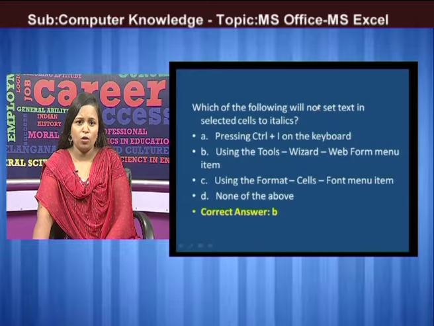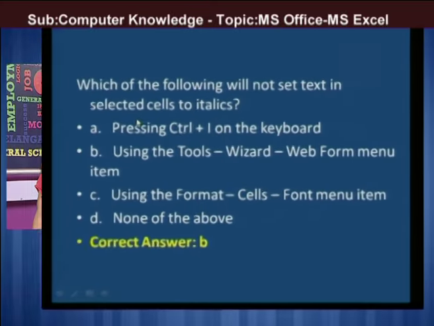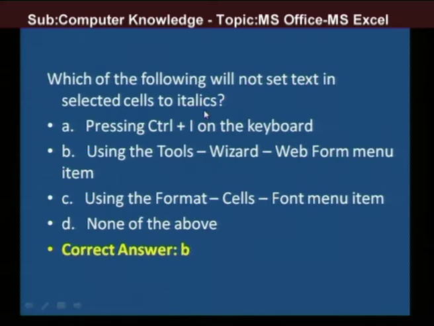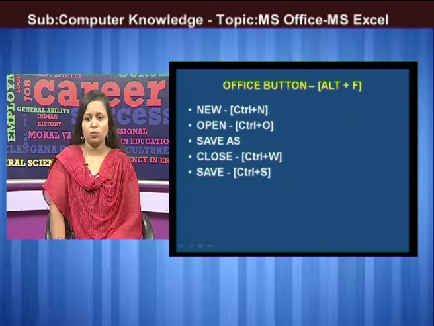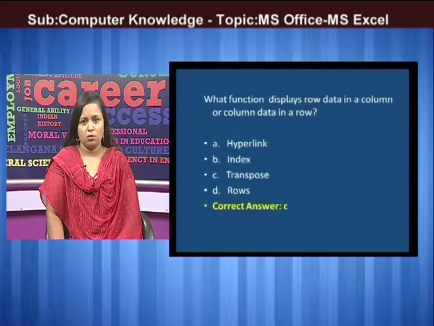Next, which of the following cannot set text in selected cells into italics? Office button consists of, already I will explain to you. I will explain VLOOKUP and HLOOKUP and sum functions again to you.